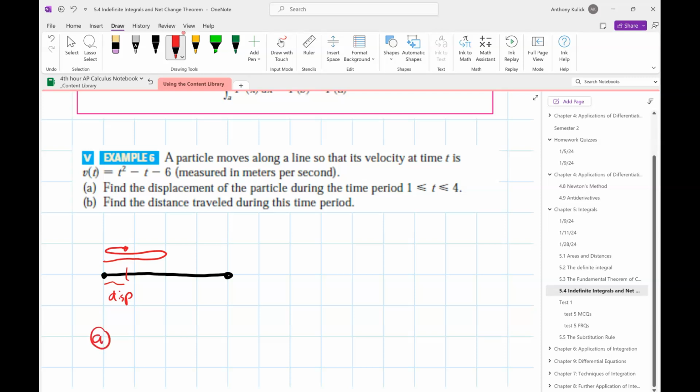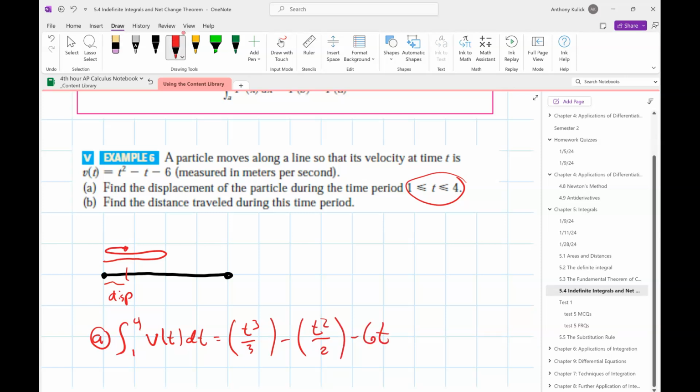So displacement is just the change in position. So that should be the integral from 1 to 4. Why 1 to 4? That's the time period for v of t, right? dt. So that's going to be the antiderivative of t squared minus the antiderivative of t, minus the antiderivative of 6, and then evaluate it from 1 to 4.